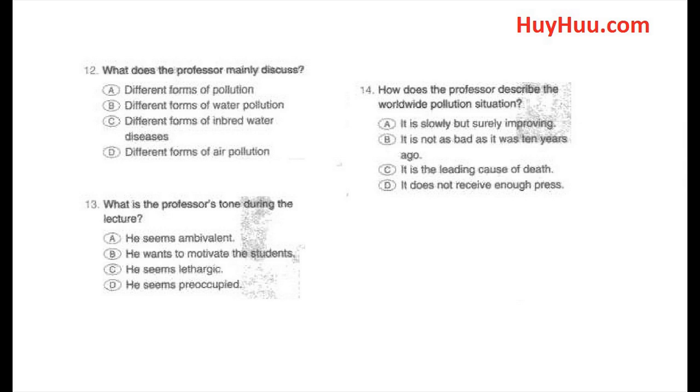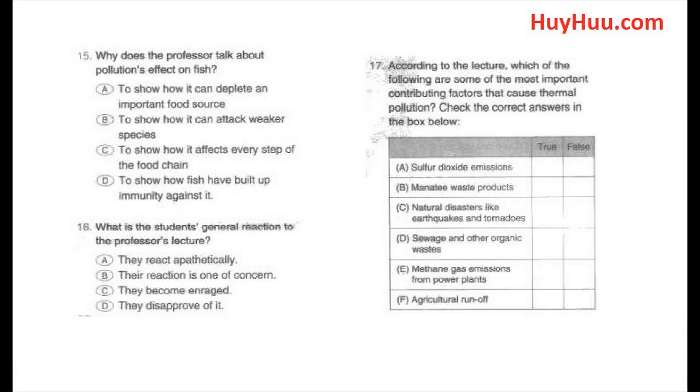12. What does the professor mainly discuss? 13. What is the professor's tone during the lecture? 14. How does the professor describe the worldwide pollution situation? 15.